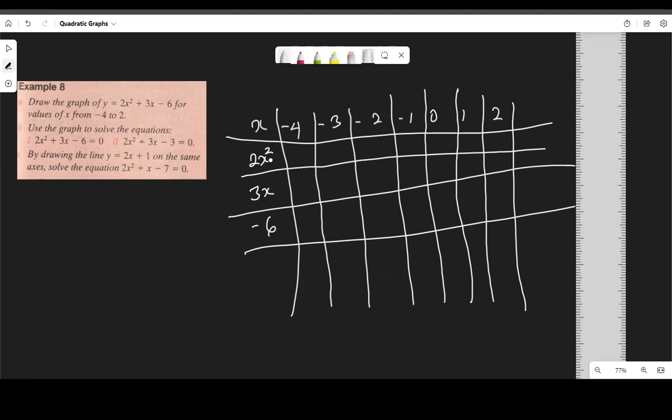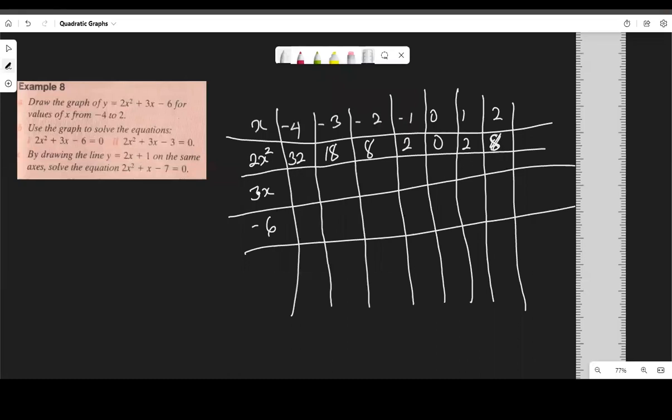Negative 4 squared, that is when I put negative 4 squared here, that is 16. 16 times 2 is 32. Then this one will be 9. 9 times 2 is 18. 4. 4 times 2 is 8. 1. 1 times 2 is 2. This will be 0, 2, and 8.